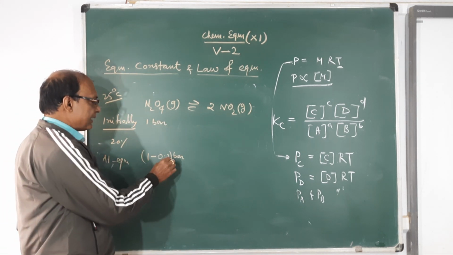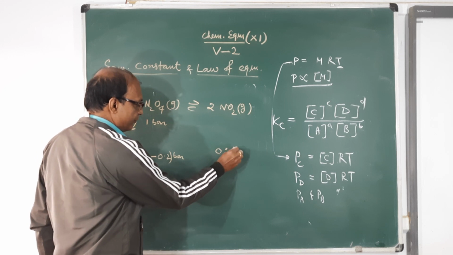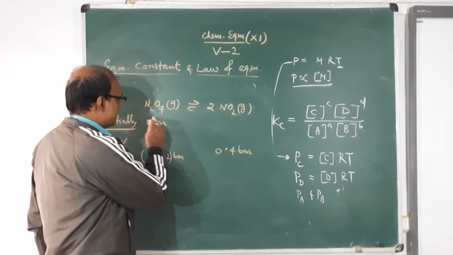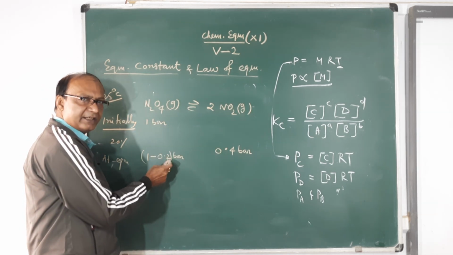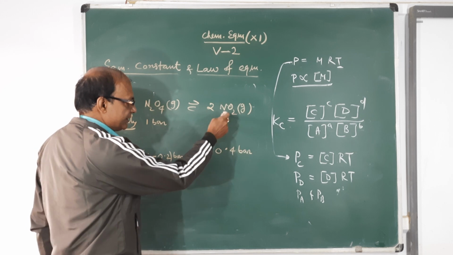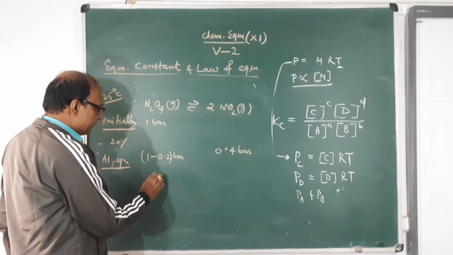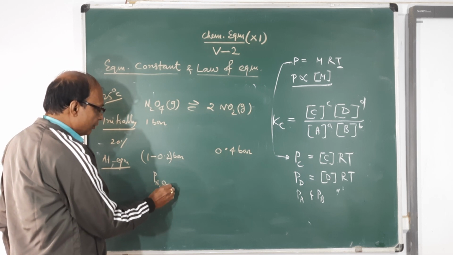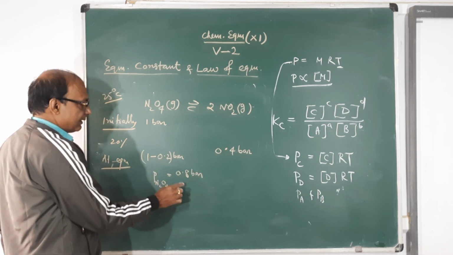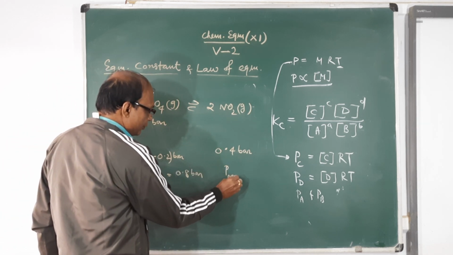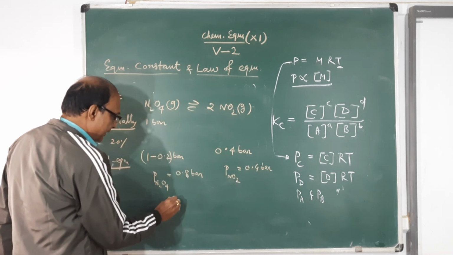If 0.2 bar N2O4 has reacted, then 0.4 bar of NO2 will be formed at equilibrium, because the relation is 1 to 2. So this is the equilibrium pressure. Therefore, the equilibrium pressure of N2O4 is 0.8 bar, and the equilibrium pressure of NO2 is 0.4 bar.